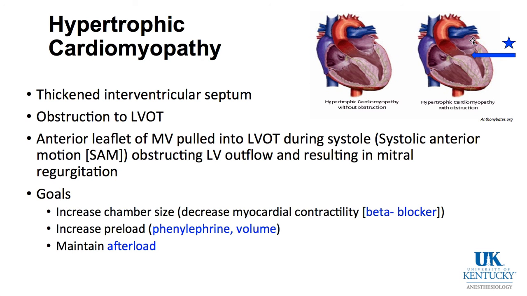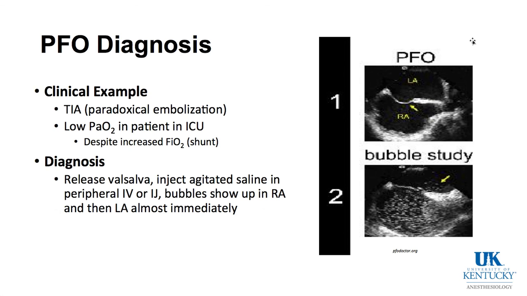Keep the preload up, giving volume. Phenylephrine not only vasoconstricts systemic vascular resistance but constricts the venous capacitance vessels and increases filling of the ventricle, and maintain afterload. So acute hypotension in a patient with hypertrophic cardiomyopathy: phenylephrine, volume, possibly beta blockers.